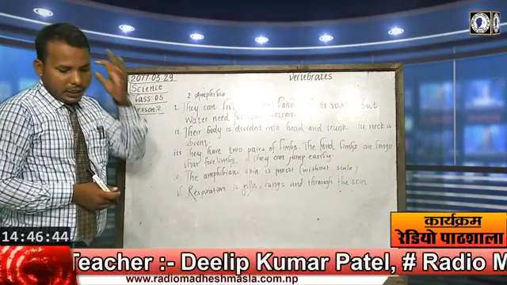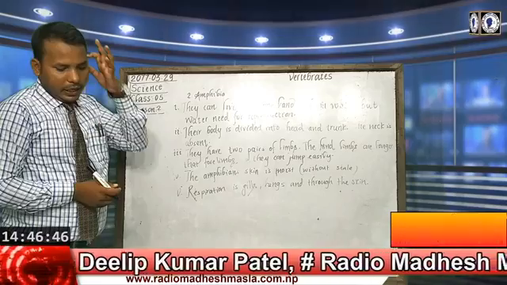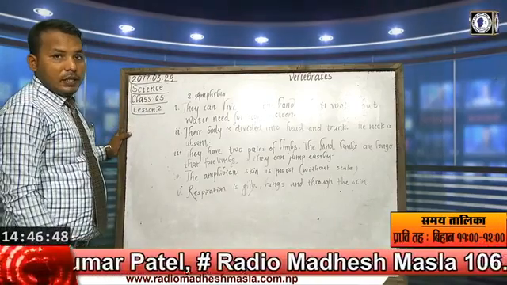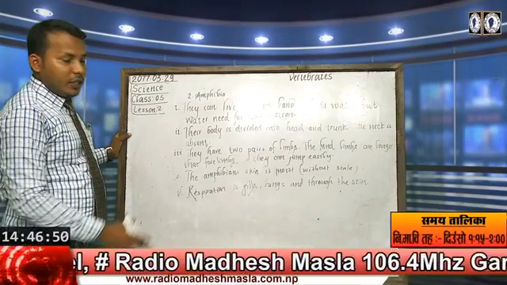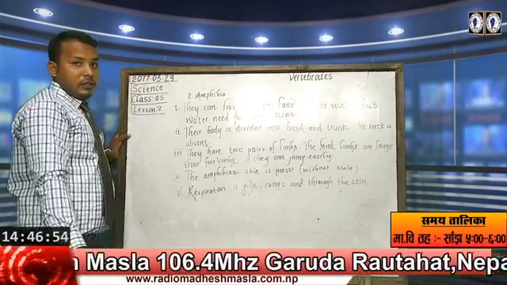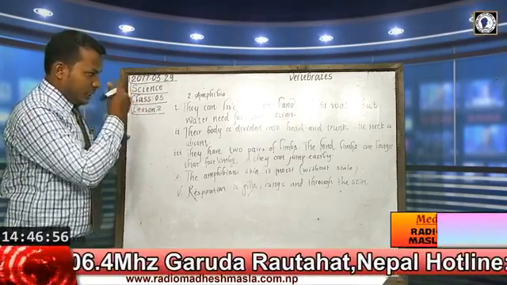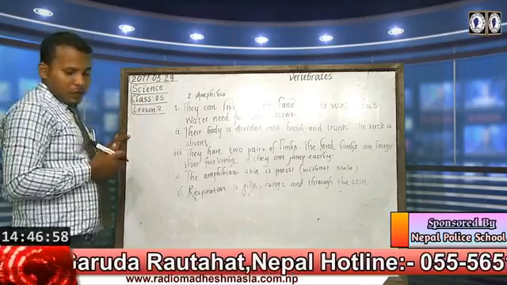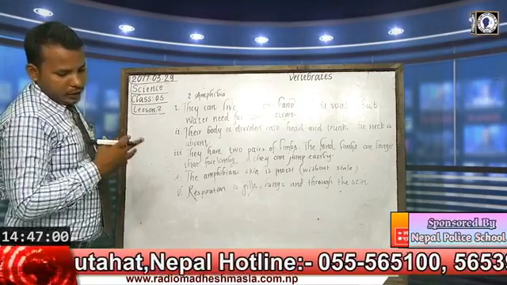And next, the heart is three chambered. Their heart is divided into three chambers. Do you know? Two atria and one ventricle.